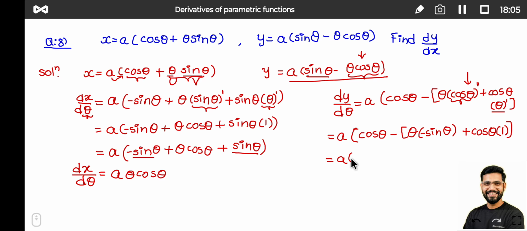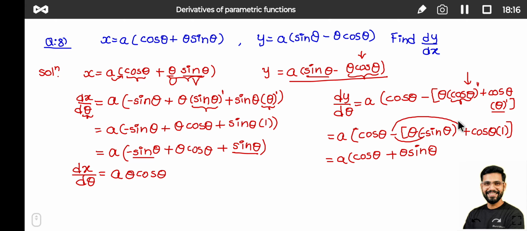So a bracket cos theta as it is, and if we multiply this minus sign inside, here minus minus gives plus theta sin theta, and this sign we have to multiply here also, so minus plus gives minus cos theta into 1 which is cos theta. So if you look inside the bracket, cos theta and minus cos theta will become 0. So a into theta sin theta will remain.